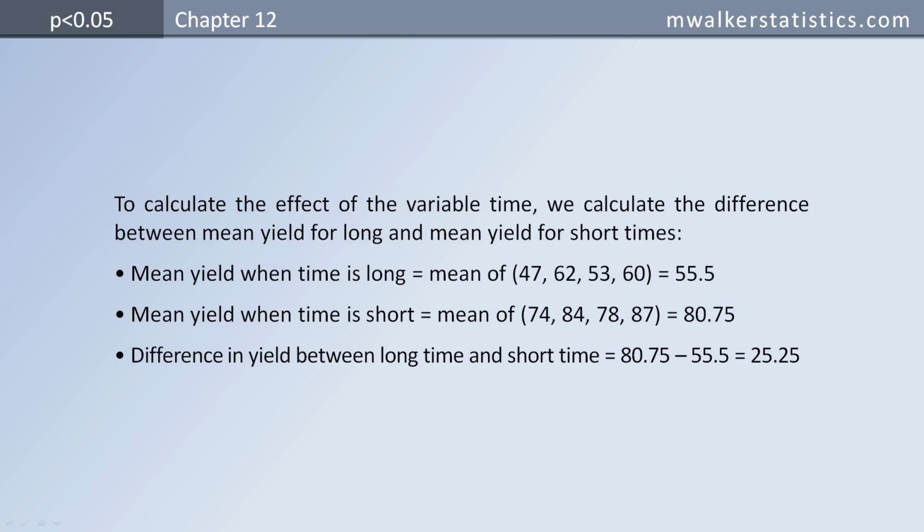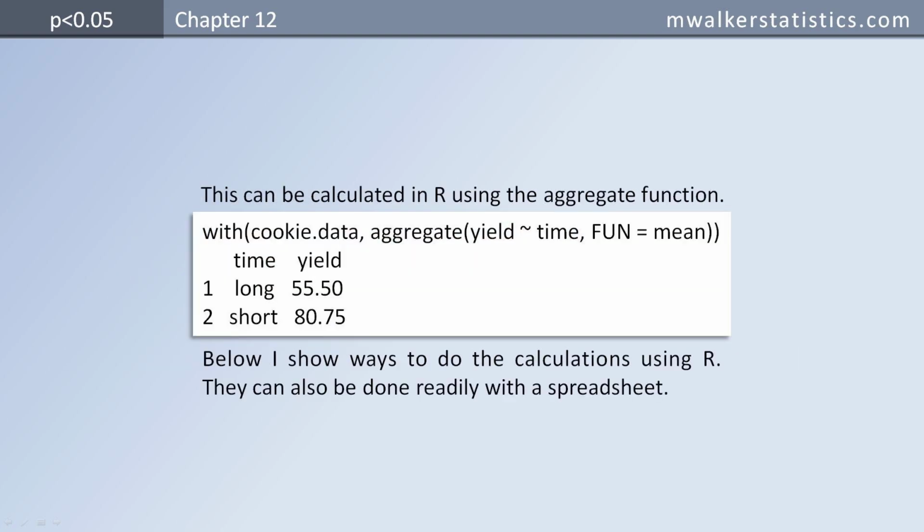Difference in yield between long time and short time equals 80.75 minus 55.5 equals 25.25. This can be calculated in R using the aggregate function. Below, I show ways to do the calculations using R. They can also be done readily with a spreadsheet.